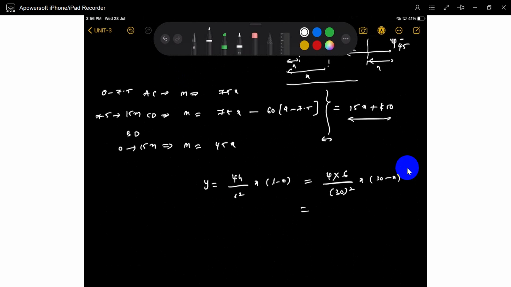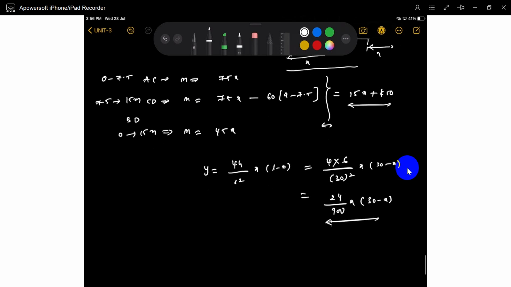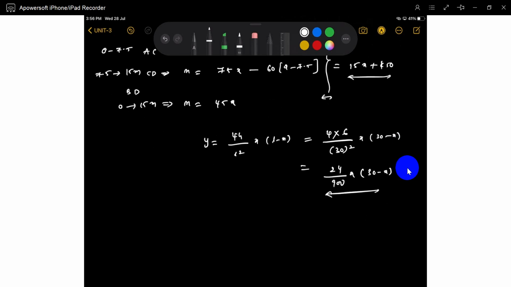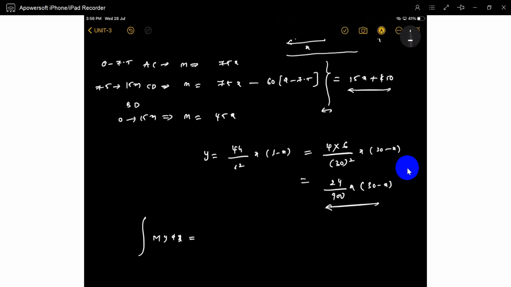You can write it as 24 by 900, x into (30 minus x). That's it. Now you can write down the integration of M y by dx. One by one you can write it.